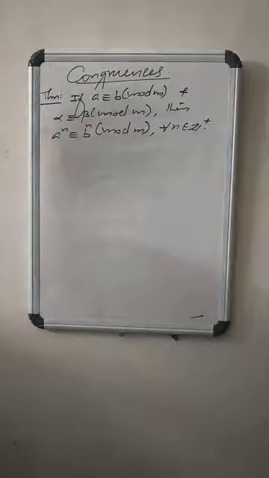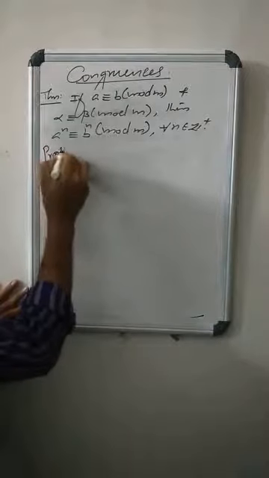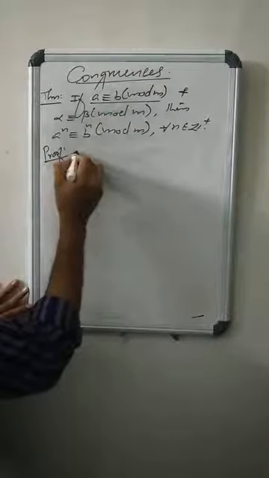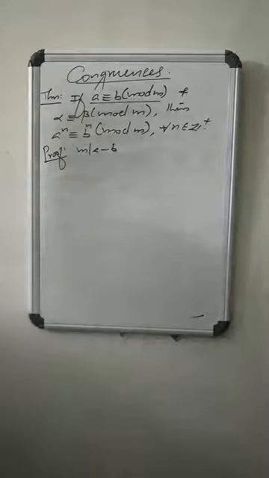How? When m divides a minus b, this is given: a is congruent to b mod m. That means m divides a minus b.